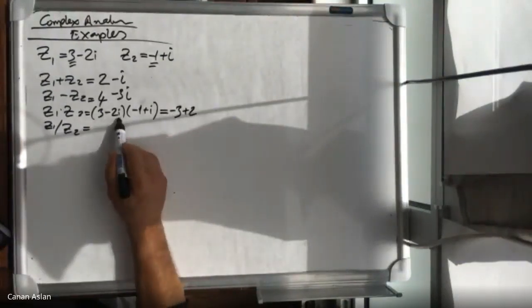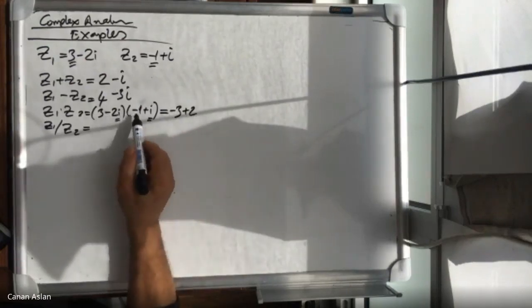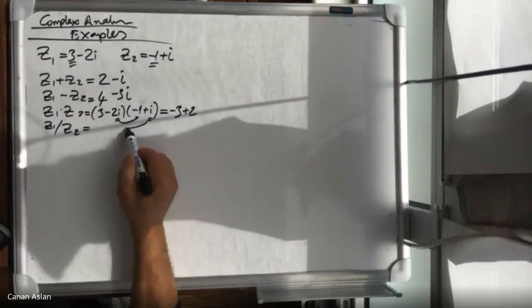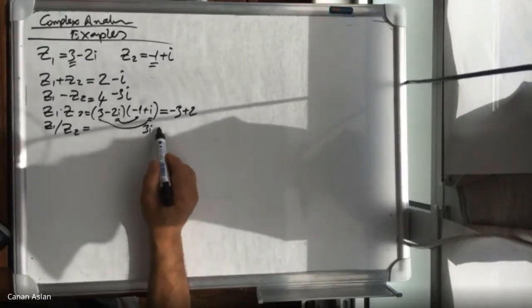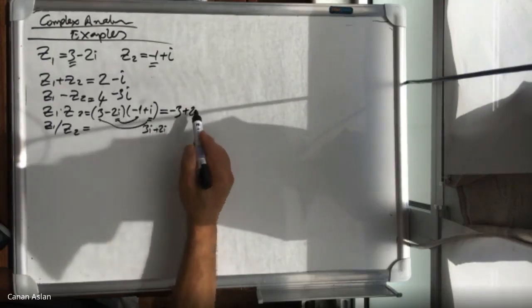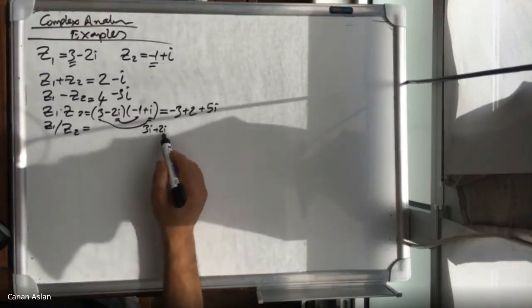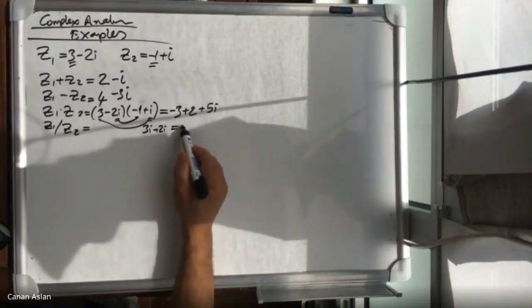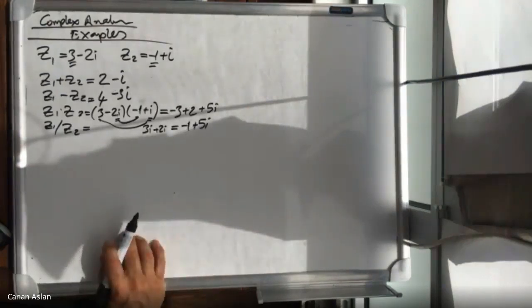Okay, so it's the product of these two. And then now the middle term is this times that, and this times that. So now we have 3i plus another 2i, so it's just 5i. So plus 5i. So basically the product is minus 1 plus 5i. Okay, so the product is given by that.